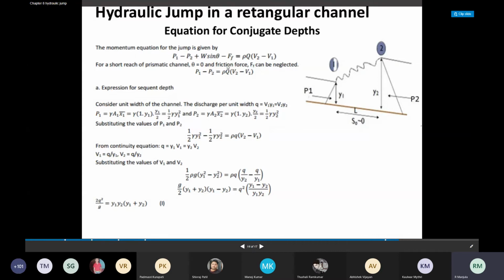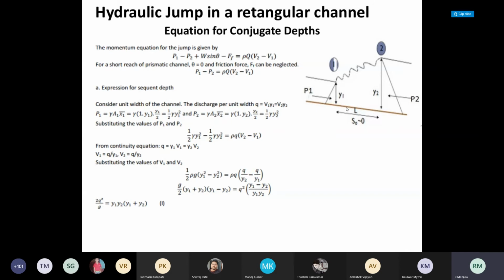What we have is P1 minus P2 equal to rho Q into V2 minus V1, the momentum equation: rho, the mass density, multiplied by your discharge, the rate of flow, into V2 minus V1, which is the change in velocity.